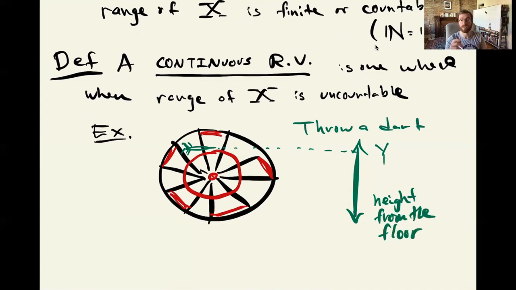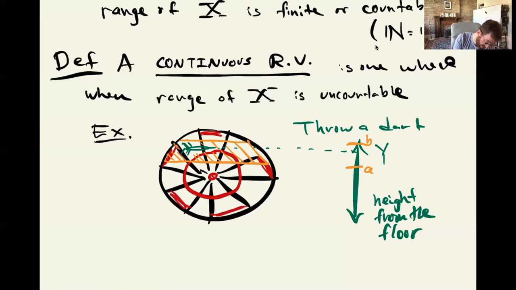Now, if you assume that you can always hit the dartboard, but let's say you're not very good at aiming, so meaning you can hit any point on the dartboard uniformly at random, then if I were to ask you something like, okay, what's the probability of y being inside of this range A to B? Well, one thing you could do is just look at the region of the dartboard that corresponds to that region.